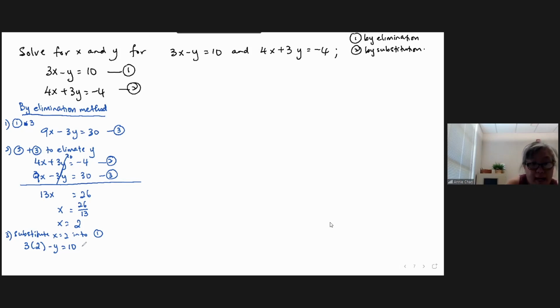I'm going to move y to the other side. So 6 minus y is equal to 10, so minus y is equal to 4. y is -4. So therefore, my answer is x is equal to 2 and y is equal to -4. I'm done by elimination.